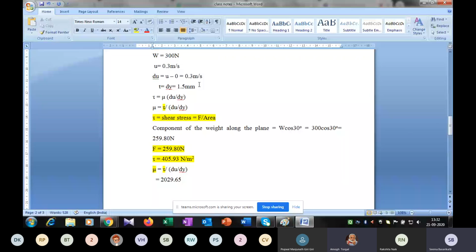The 1.5 is in mm. Convert that into meter, because we have identified all values in terms of meter, right? So it will be 1.5 into 10 raised to the power minus 3. Now equate the values and tell me the answer.